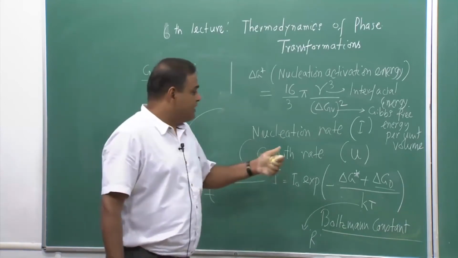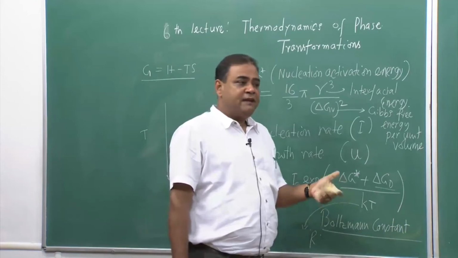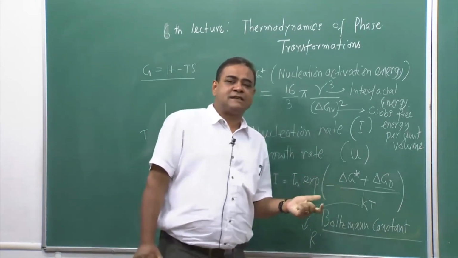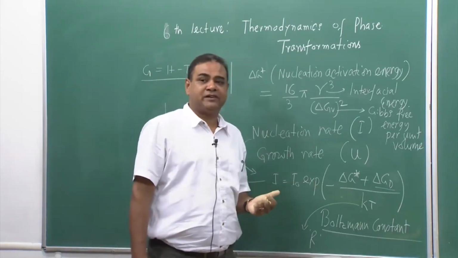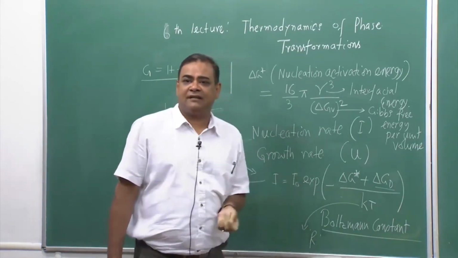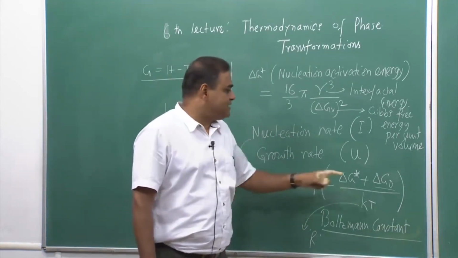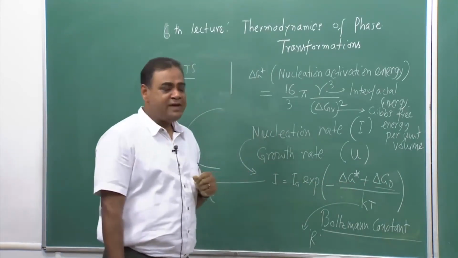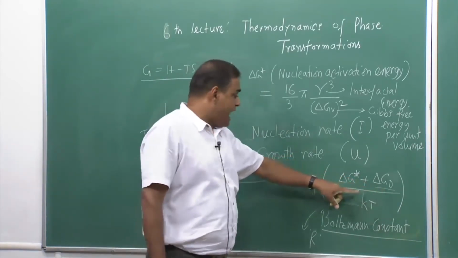Because whenever we try to find some phase formation out of another phase, if it is a thermally activated process, then we need atom migration, and this atom migration does not take place just like that. It has to cross a barrier, and that barrier is ΔG_D, the diffusional activation barrier, and this I is to be calculated.